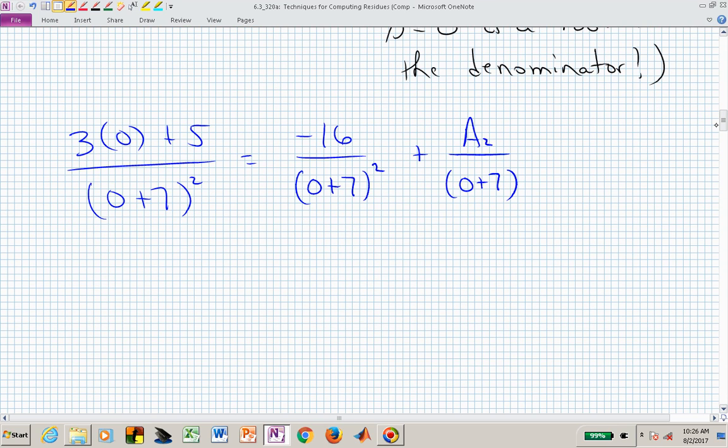And now we might want to just multiply all things by s squared. That might simplify things a little bit, and that leaves us then with 5 on the left. The 3 times 0 is gone, and we've now multiplied by s squared, so we now have 5 on the left, minus 16 for the first term, plus 7a sub 2.